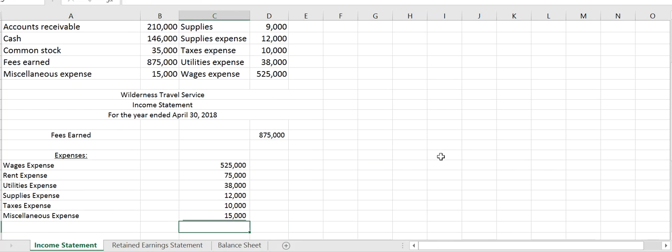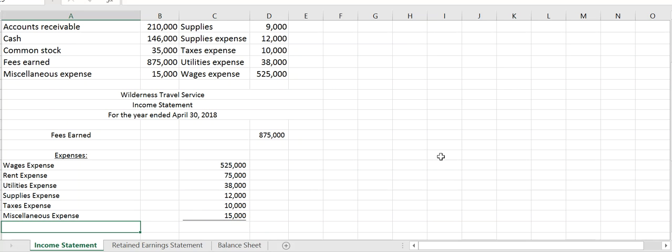Typically, companies list that miscellaneous expense last because it's seen as the least important expense, because it's kind of this catch-all account for smaller expenses that companies have incurred but don't typically incur. Unlike wages expense that they're going to incur every week, every month, this doesn't need its own separate account.